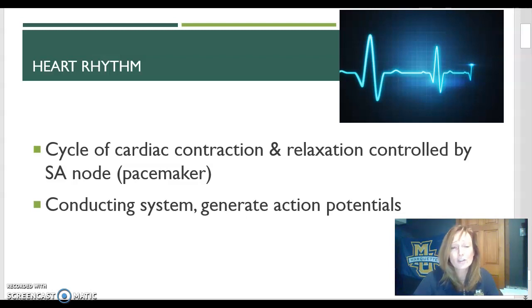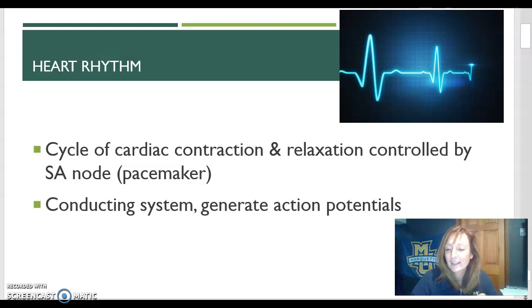Well, we know that that action potential has 5 phases. Sodium rushing into the cell again, and potassium leaving the cell. And again, the SA node is the pacemaker of the heart.